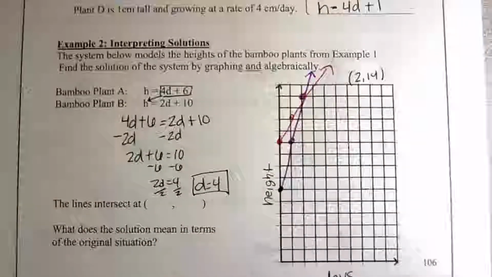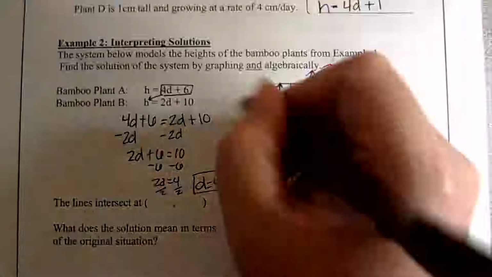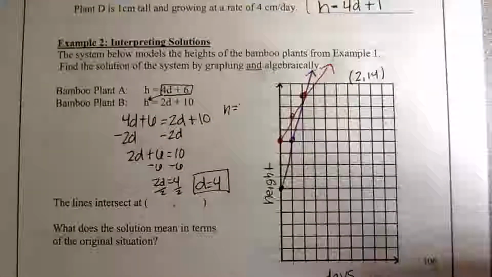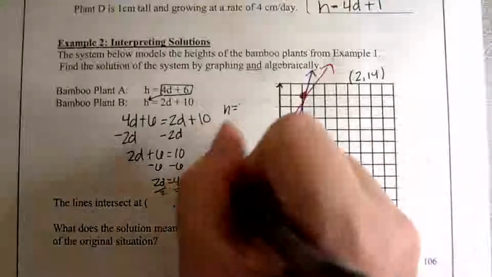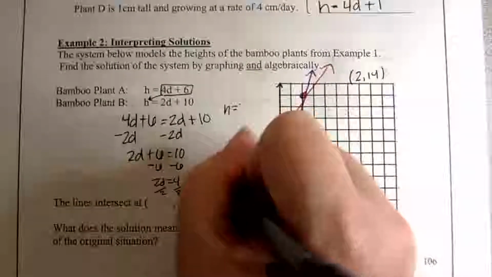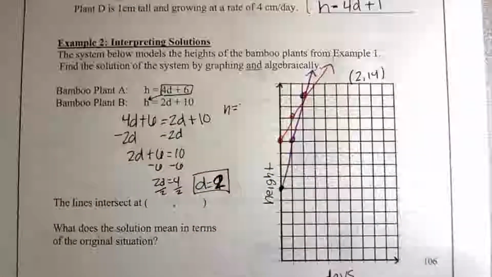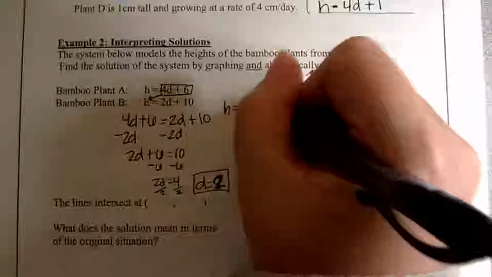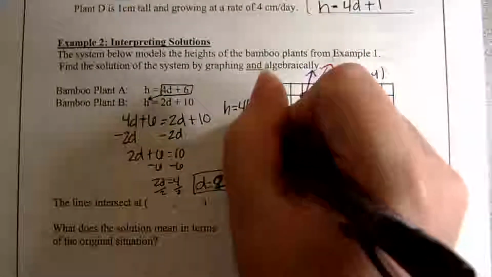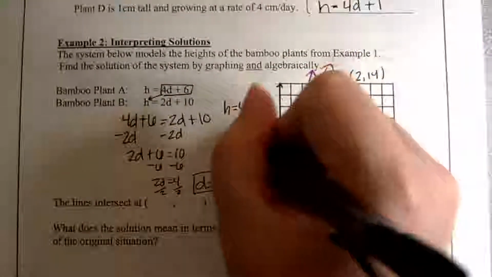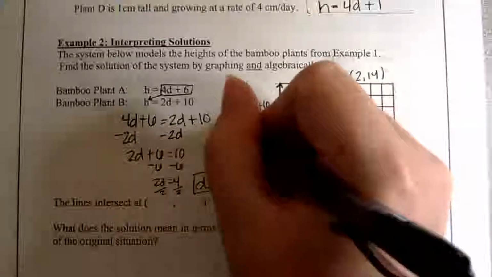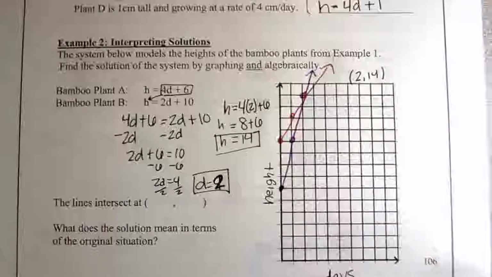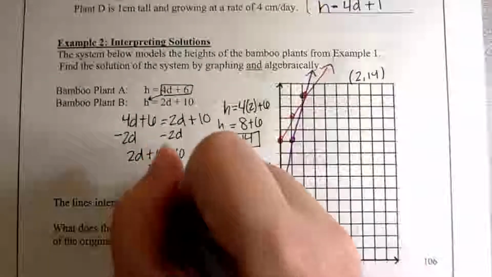And we need to plug that back in. So h equals... d equals 2. That's what I meant. So h equals 4 times 2 plus 6. So 8 plus 6, which is 14. So as an ordered pair, how would I write that? (2, 14).